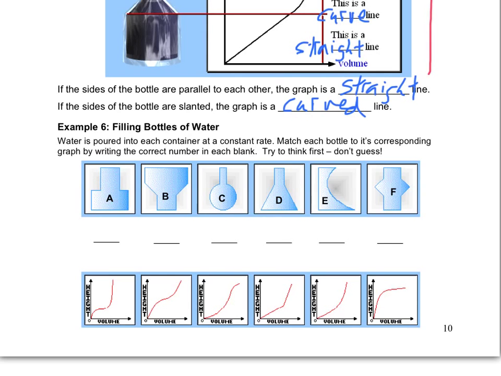If you think about what that graph is going to look like, the bottom section is going to be a straight line, but because it's wide, it's not going to be as steep as the straight line in the top section. So down here, we've got to look for a graph that's got two straight sections, with the second straight section being more steep. We've got curves here, curves and straight lines, and so it can only be this one.